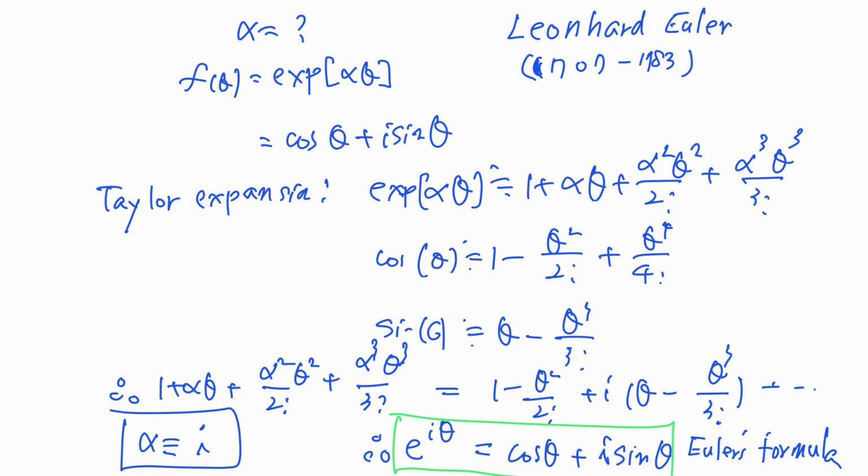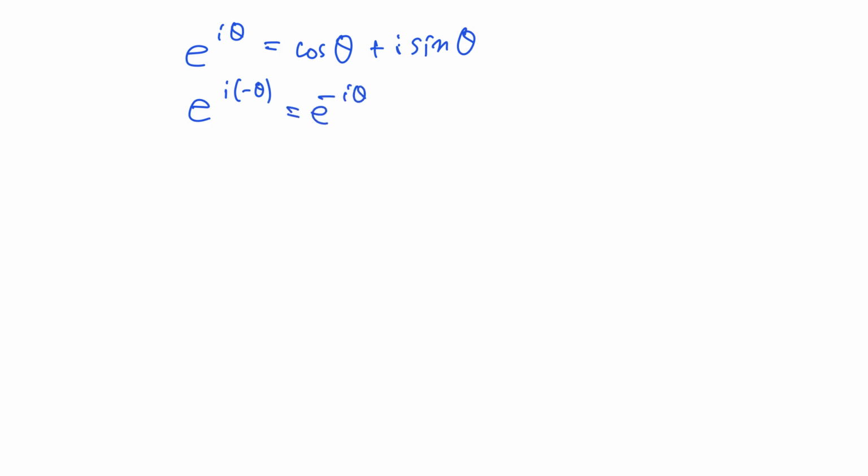So let's try to exploit the basic properties of the trigonometric functions defined in complex numbers. So exponential i theta is cosine theta plus i sine theta, according to Euler's formula. How about minus i theta? Cosine of minus theta plus i sine of minus theta.